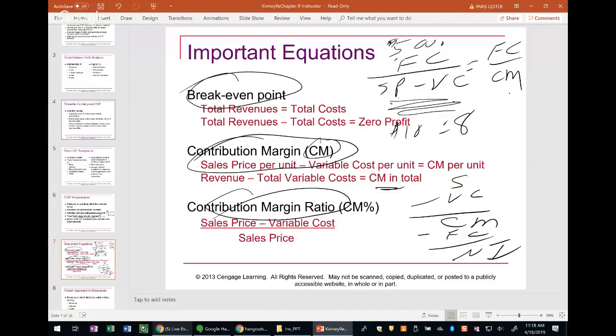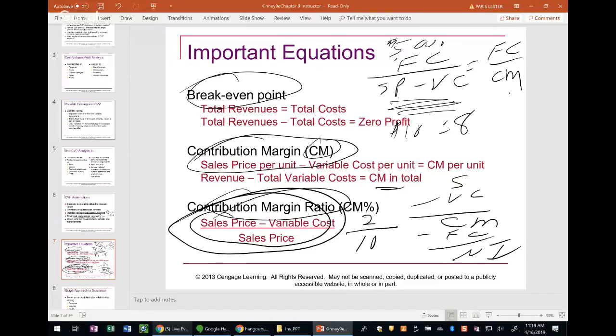Now we'll go down here and look at this formula right here. We've got sales price minus variable cost, 10 minus 8, is 2. That is your contribution margin. Now if we divide that by your sales price, which is 10, you can see that your contribution margin ratio is 20%.